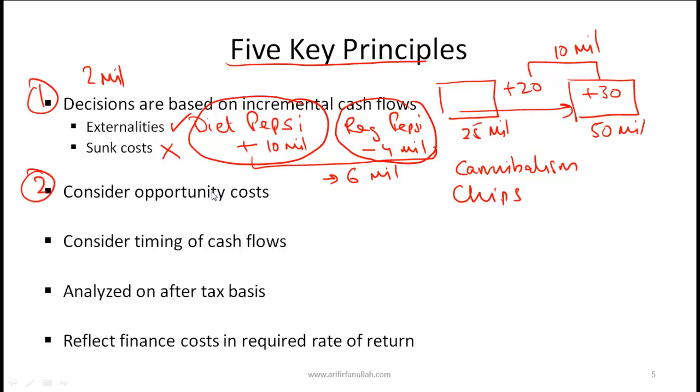Point number 2 is that we must consider opportunity costs. Even though opportunity costs are not explicit costs, these are costs that must be considered nevertheless.